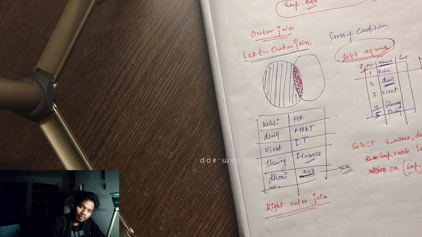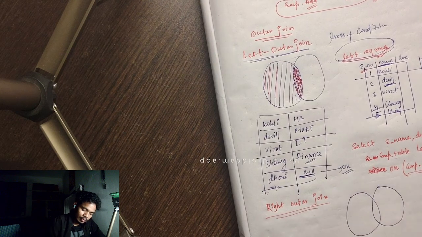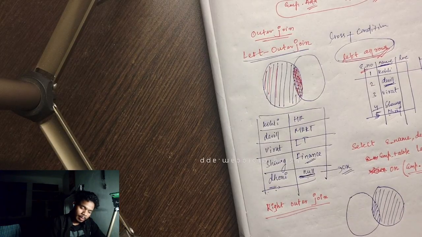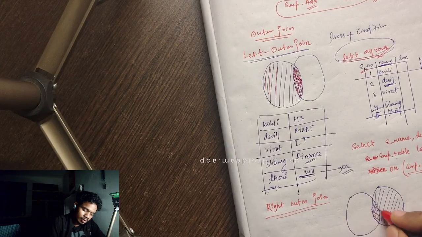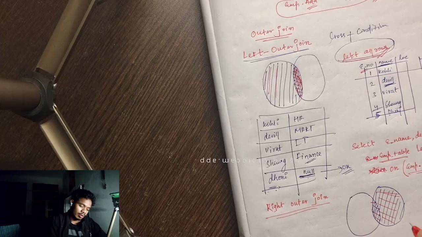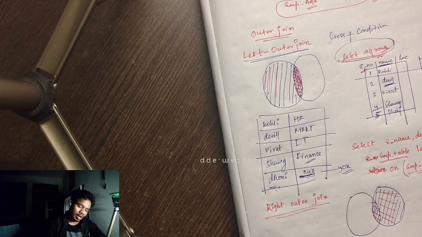Like this we can see in the Venn diagram: this is the left one, this is the right one, and the right one will be taken into consideration. Like this, right outer join will work. So we can wrap up our join session here. Thank you.